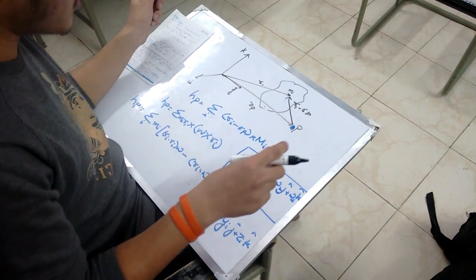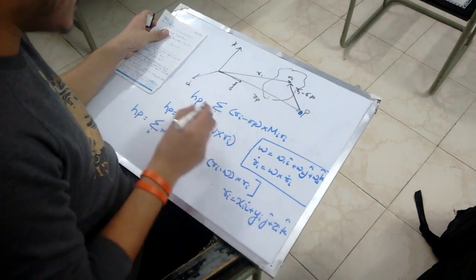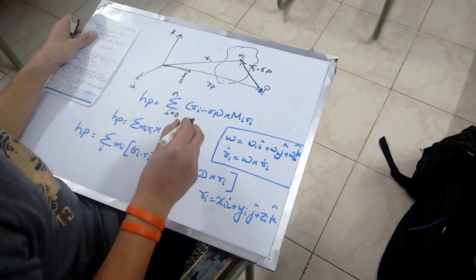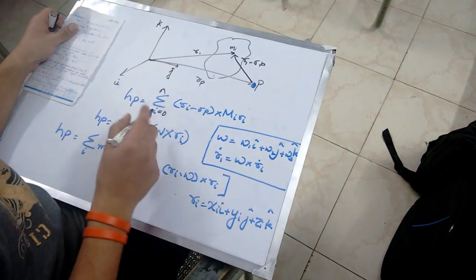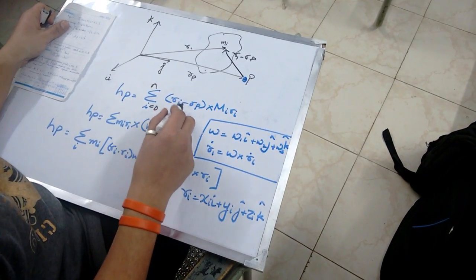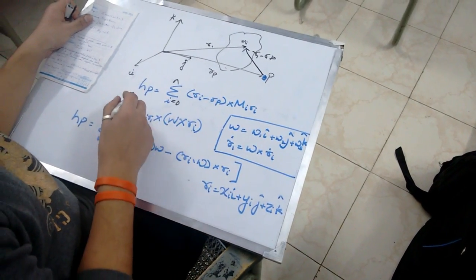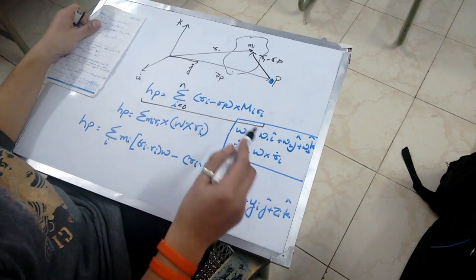Hence, computing the angular momentum, we'll get the equation: summation of i equal to 0 to n, where n is the number of particles in the body, (ri minus rp) cross mi times vi. This is the equation of angular momentum of the body.